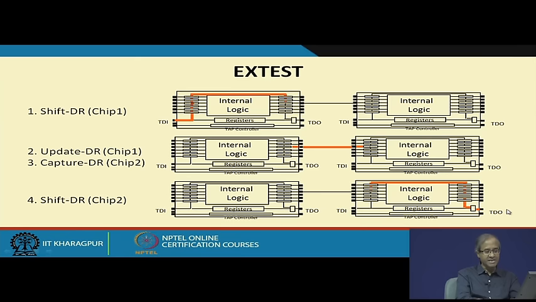So, by checking the validity of these bit patterns, I can verify whether this interconnection is working correctly or not. The same thing can be done for multiple interconnections together. I can just capture multiple such patterns together and shift in together. This is X test mode.